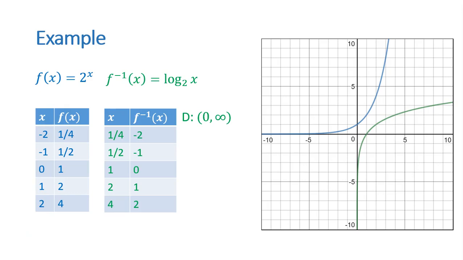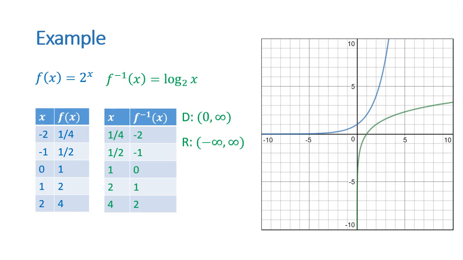We can't evaluate a logarithm for anything less than or equal to 0. It's undefined when we plug in 0. It's undefined when we plug in anything less than 0. We can only evaluate a logarithm for positive numbers. And then also our domain for our exponential function was all real numbers. So the range for our logarithm is going to be all real numbers.